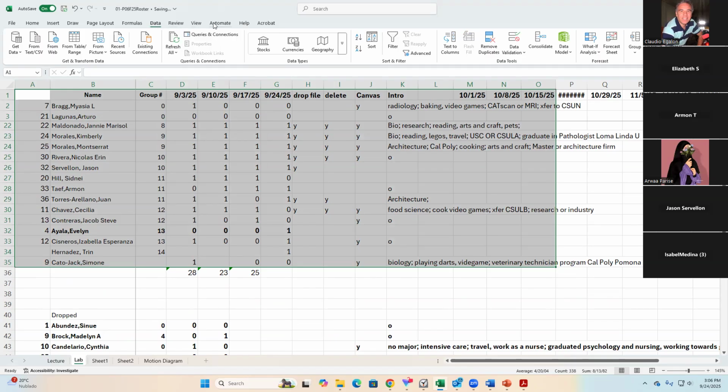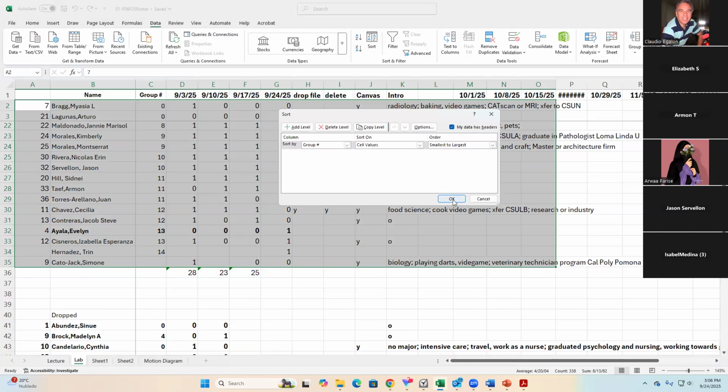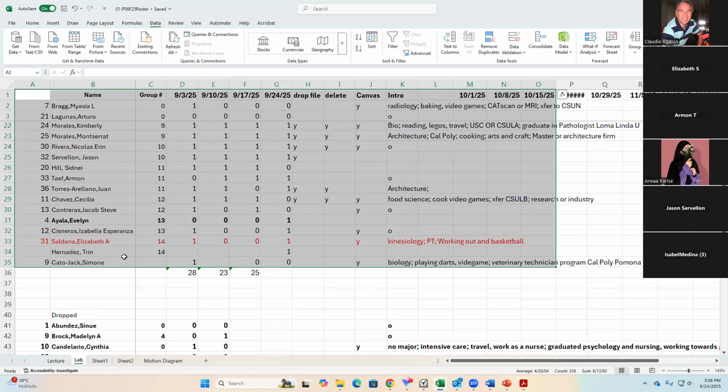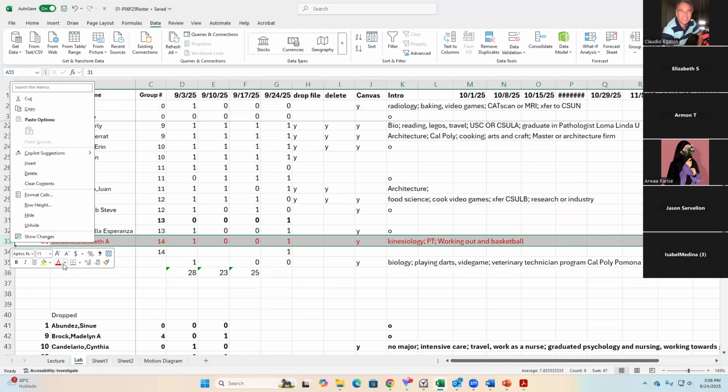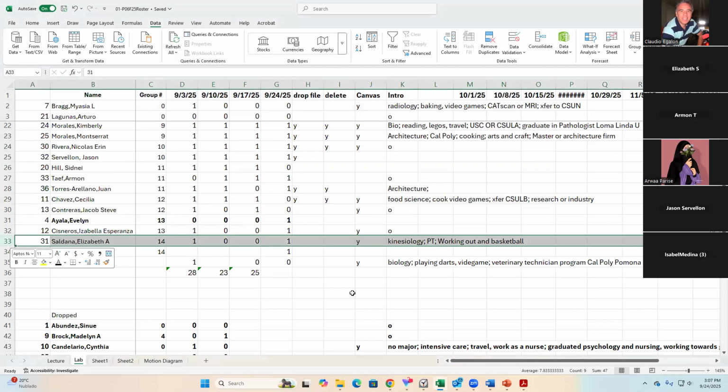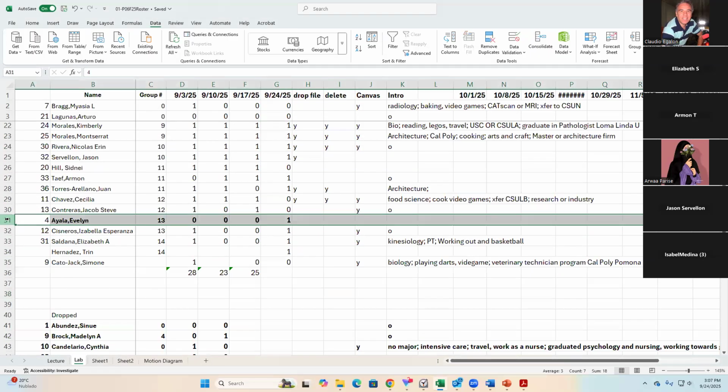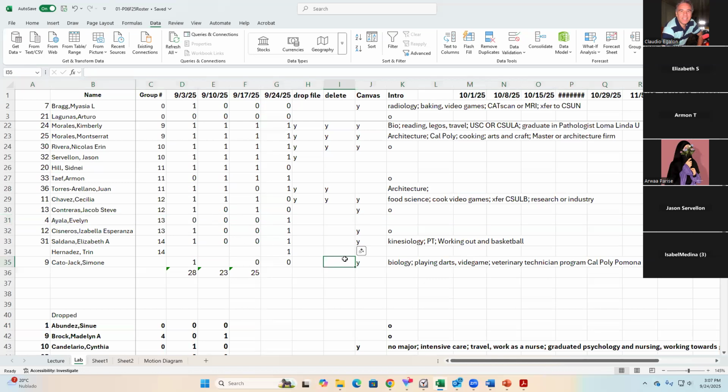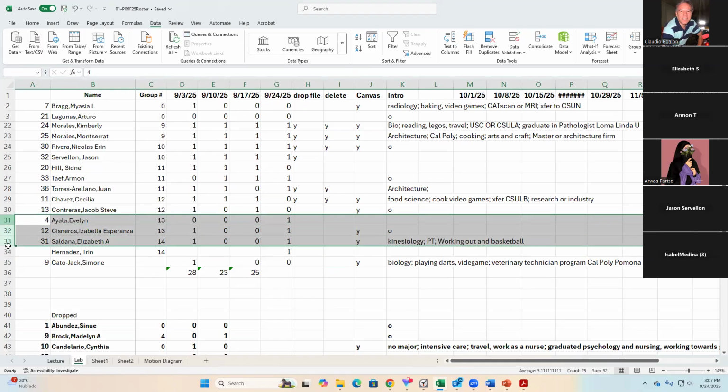Data sort, group number, like that. Good. Okay. And let me give you your links, group 13 and 14.